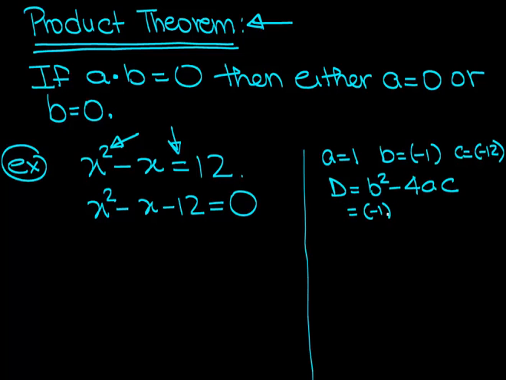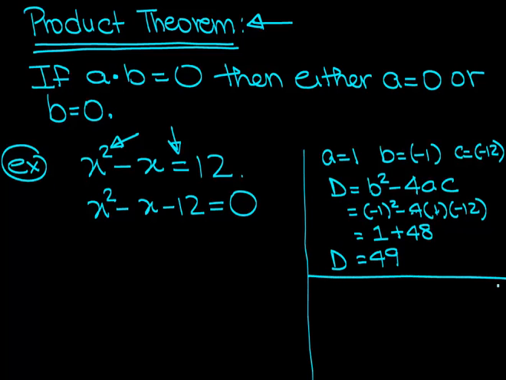So you get (-1) squared minus 4 times 1 times (-12). So negative 1 squared is 1, plus negative 4 times 1 is negative 4. Negative 4 times negative 12 is positive 48. So you get 49. And that's a perfect square because 7 times 7 is 49. So in this case, we know that this polynomial can be factored.